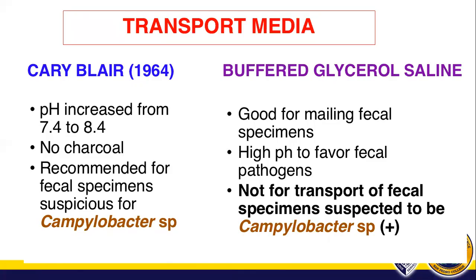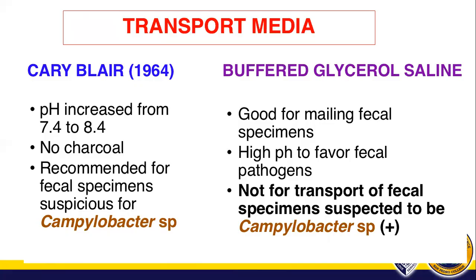And then we have buffered glycerol saline. Okay, so this is designed for stool samples only. Okay, it's widely used for mailing fecal specimen. Okay, it has high pH also and favors fecal pathogens. Okay, so fecal pathogens grow in highly alkaline environments.